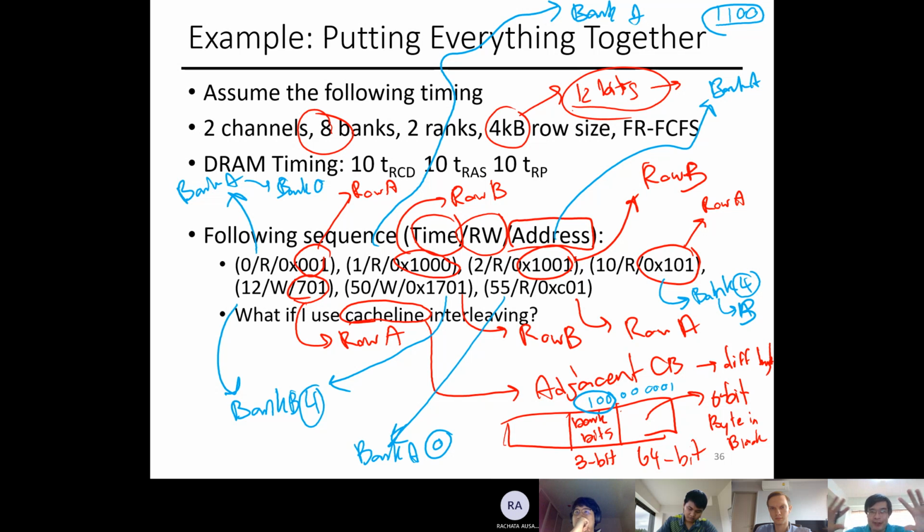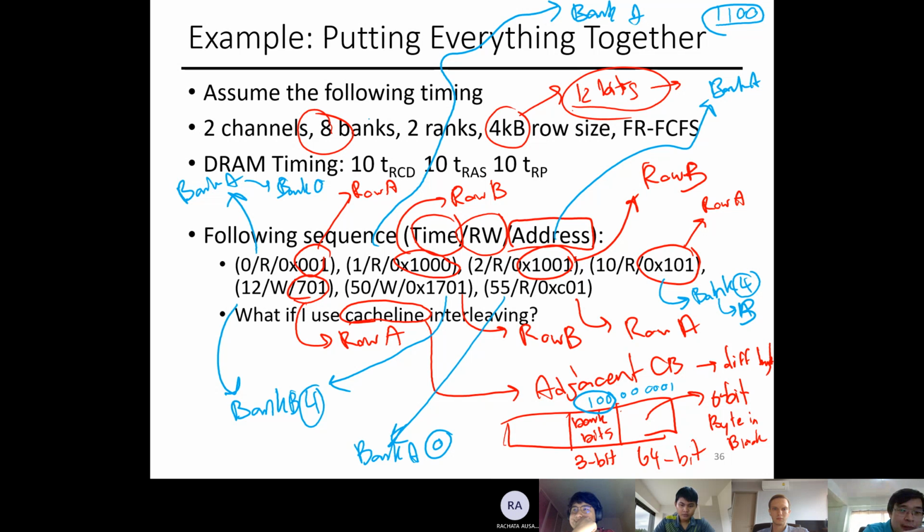So those are going to be considered together. There are 3 requests to bank A, 2 requests to bank B. Let's look at bank A first. The first 3 requests are going to bank A.